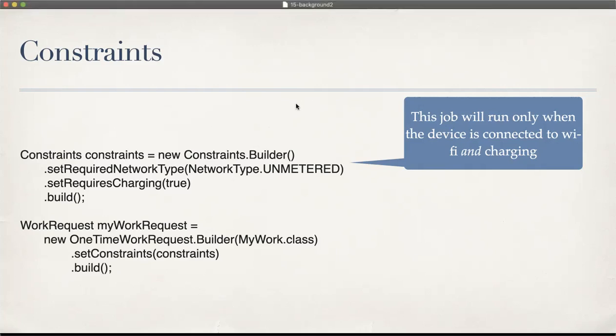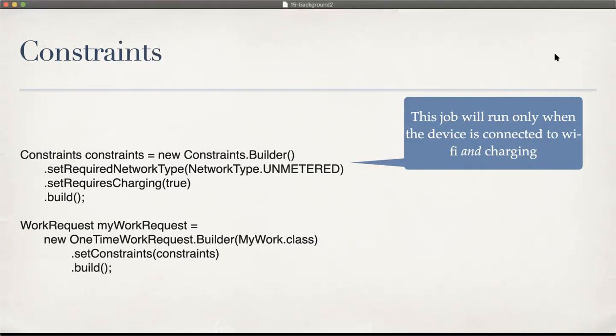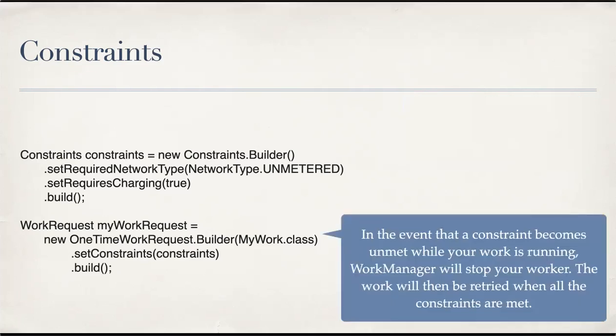And then the question is, what happens if the request was started when you had these constraints? I had Wi-Fi and I was charging the device, but in the middle of it, I lost Wi-Fi, or there was a power outage and it's no longer charging. Then what happens? So there is a predefined protocol for handling such situations. Basically, in such an event, if the constraint is no longer being met while the work is running in the background, then work manager will stop the work, and it will be retried.